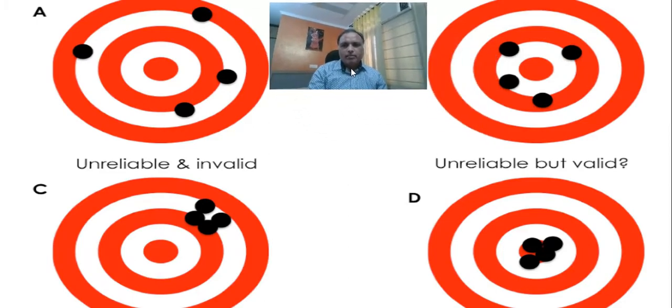Let me come in between so that you can see these circles. These circles are representing the lines. You remember the first slide where we were talking about measurement error?